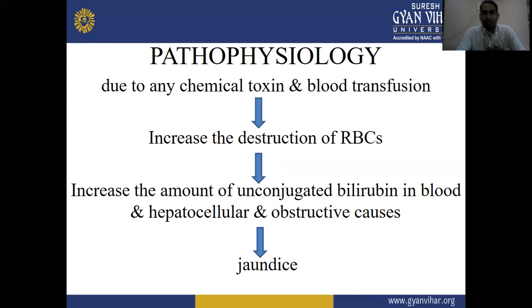Chemical toxins and blood transfusion increase the destruction of RBCs, which increases the amount of unconjugated bilirubin in the blood. Hepatocellular and obstructive causes then cause hepatocellular jaundice, obstructive jaundice, and hemolytic jaundice.